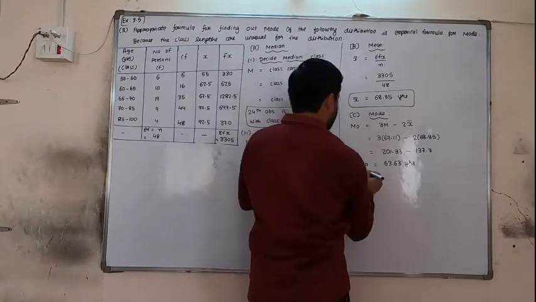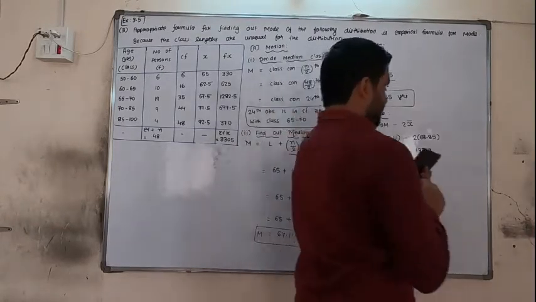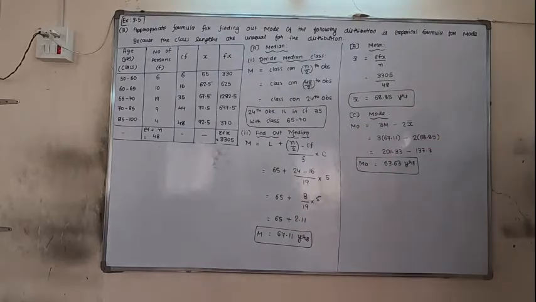So the mode using the empirical formula is 63.63 years.